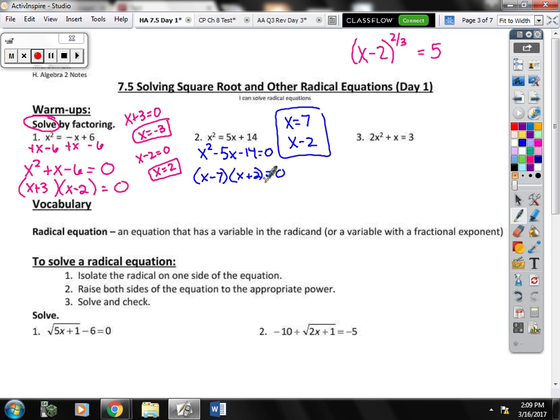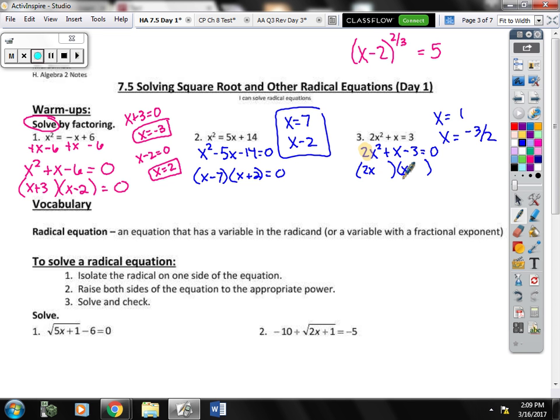And then how about number 3? Very nice. So this one was our Dutton factoring back from chapter 5. Because the a value is not 1, it's 2, that's when we use the Dutton factoring. Okay? So we could start out with our 2x and our x.